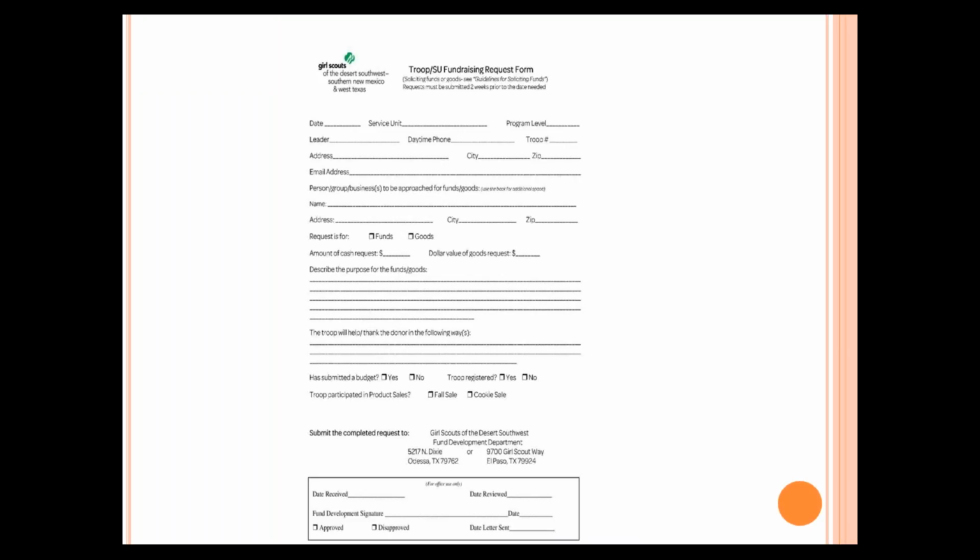You can also fill out a troop service unit fundraising request form. This is a situation where you may have an entity that will be providing funds or goods, such as in-kind goods, one time. It's a one-time deal where it's just one shot and it has to be specific. So they're giving you a set of funds or goods that you will be using for one situation.